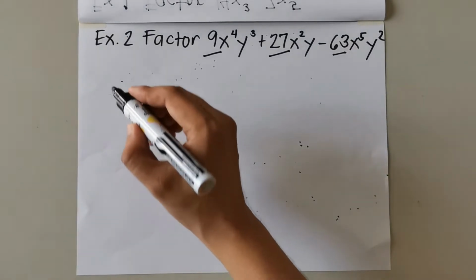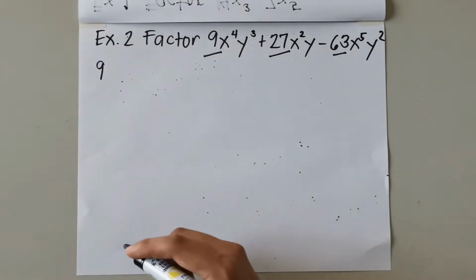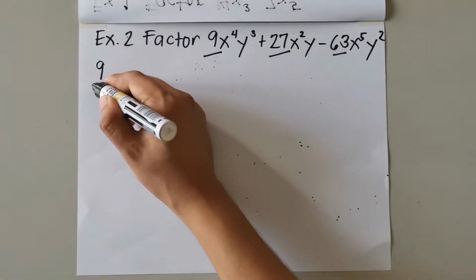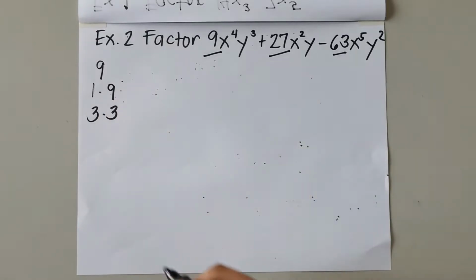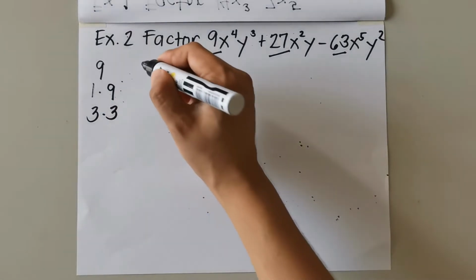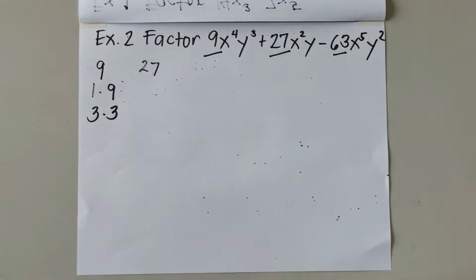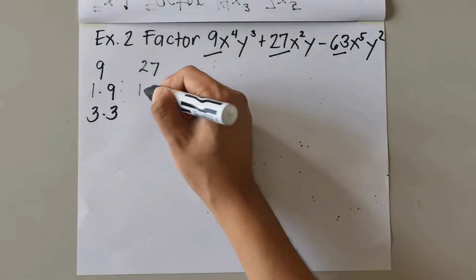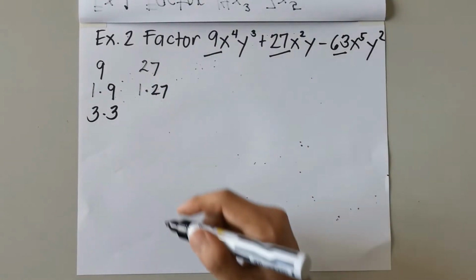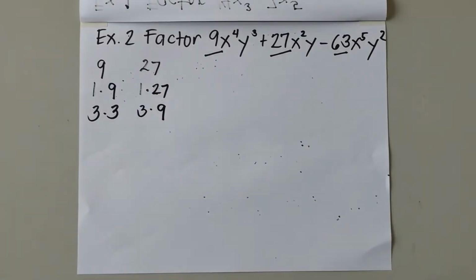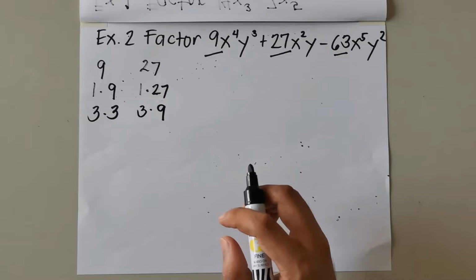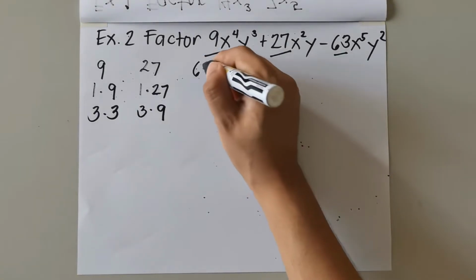Okay, so on the side, let us first get the factors of 9. Okay, so we will have 1 times 9 and 3 times 3. Now for 27, we have 1 times 27 and then 3 times 9. Now let's get the factors of 63.